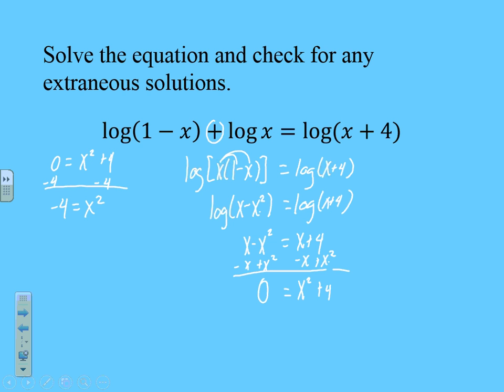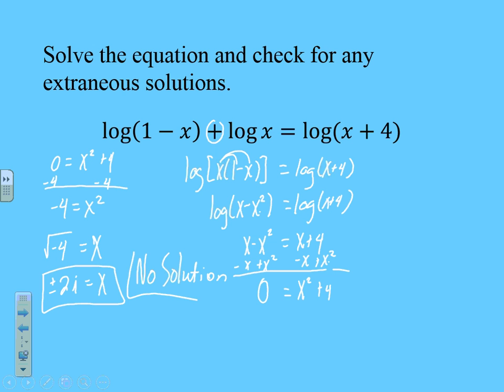If I take the square root of both sides, I'm going to get x to be equal to the square root of negative 4, which would give me a positive and a negative 2i. Okay, so those are imaginary numbers. So that means there's really no solution for this example.